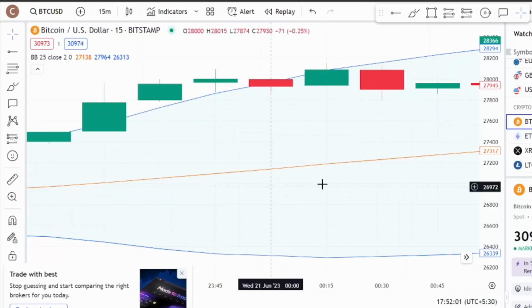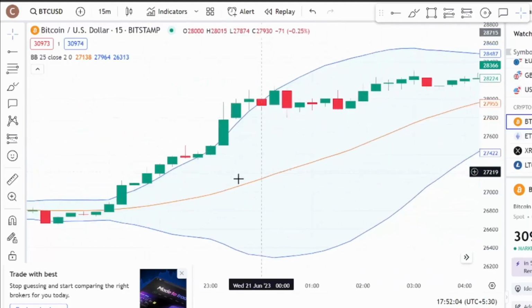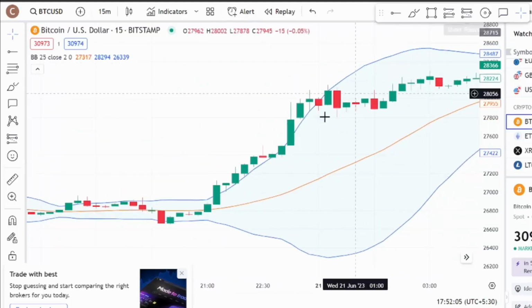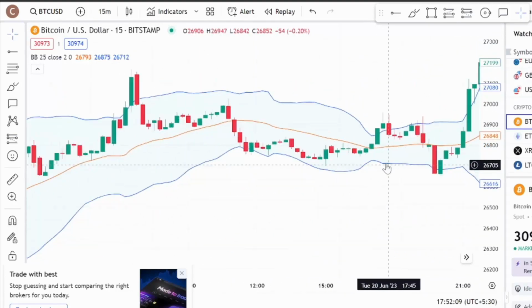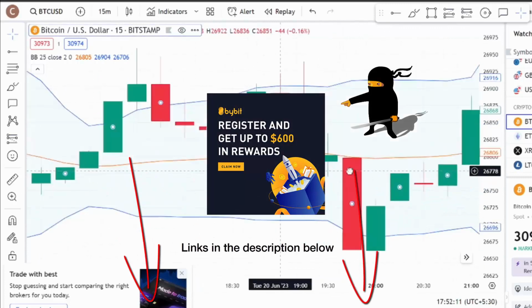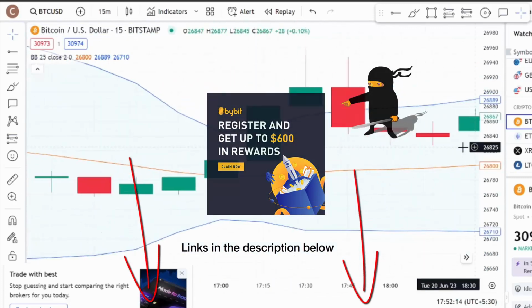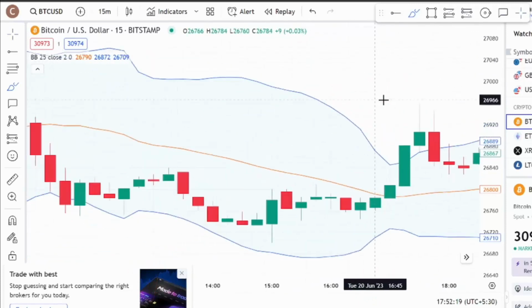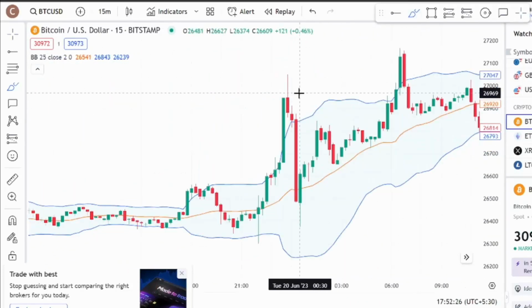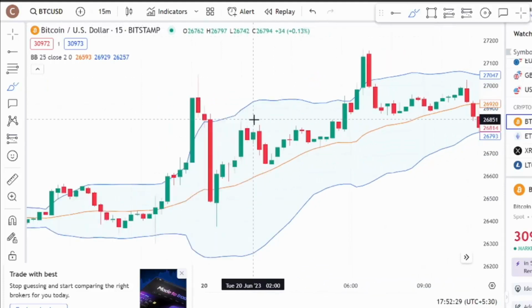Here, I think it touches, yeah, this candle was touching our band. So search for more. And this is also touching the band. So we have to ignore this also. Here we found a candle that's not touching the band.